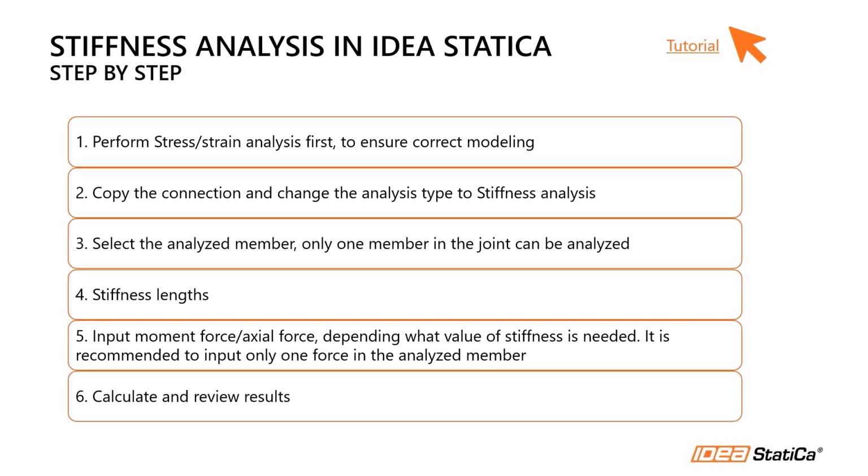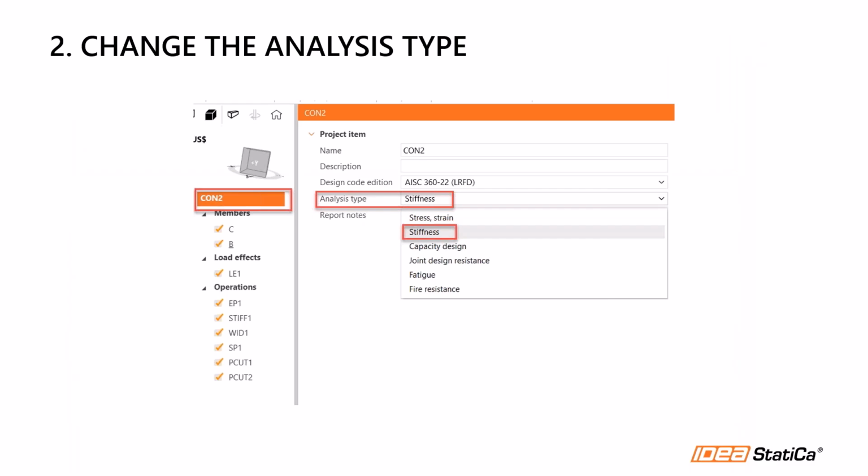So that is my first recommendation: run a stress-strain analysis and make sure your connection is okay. Then you can copy that file, copy that connection in the application, and then change the analysis type to a stiffness analysis. So let's review that step-by-step process.